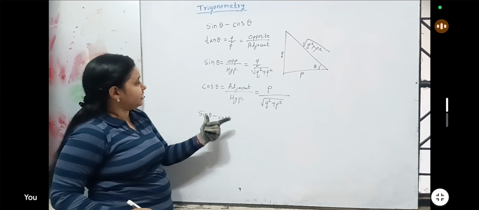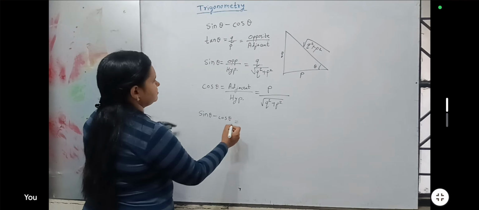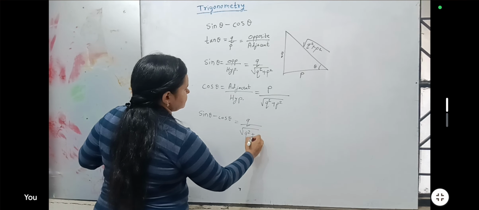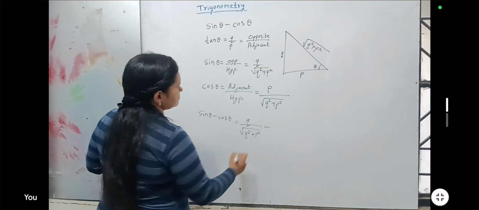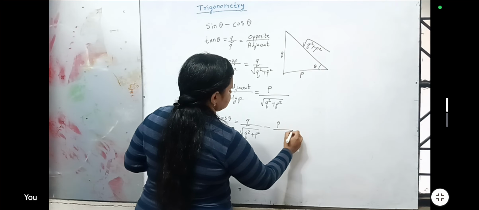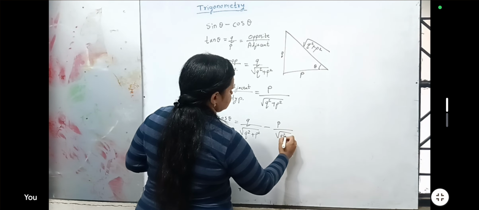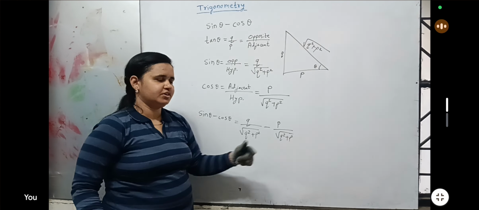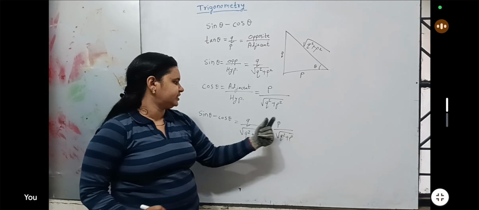So we will put the values in the question. Here again denominators are same, so we can directly subtract the numerators.